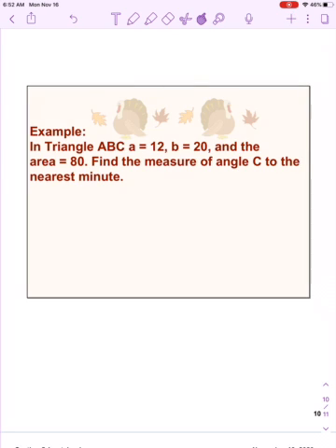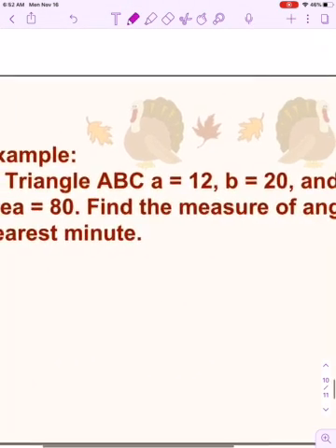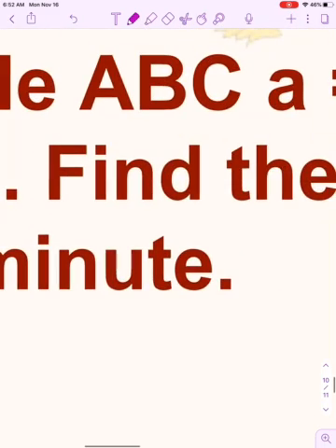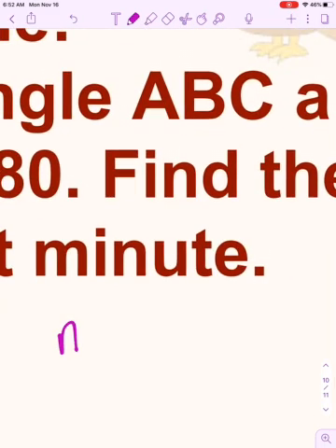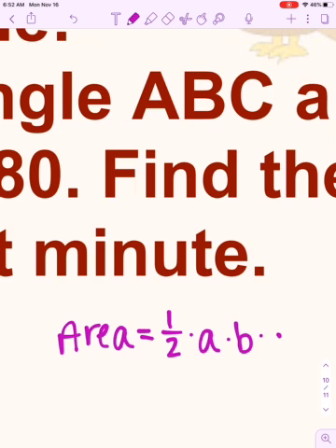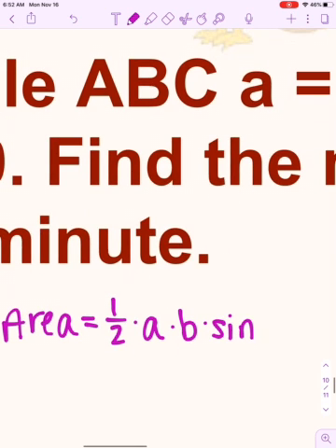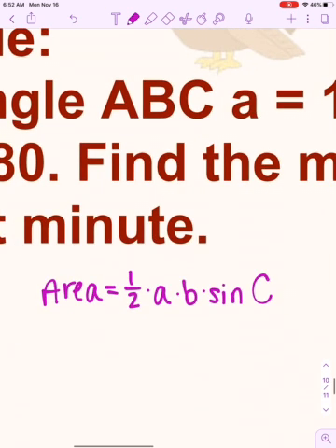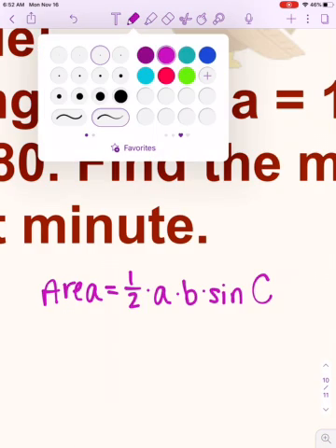So it says in triangle ABC, little a is 12, little b is 20, and the area is 80. Find the measure of angle C. So they need to know the measure of the included angle. Okay, I guess we can do minutes. Okay, so area equals 1/2, because we're back to triangles, A, B, sine C. Okay, and we plug in what we know.